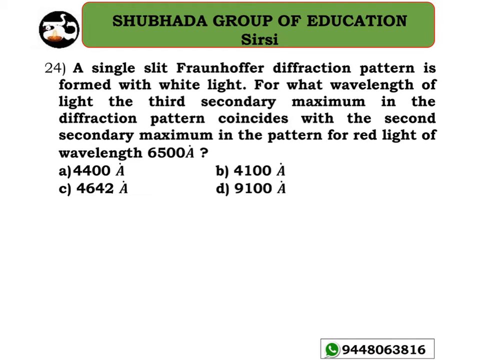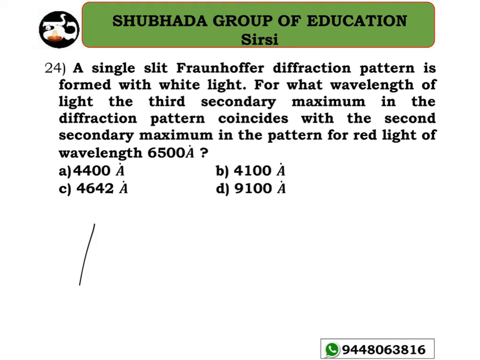Okay, the next problem says that a single slit Fraunhofer diffraction pattern is formed with white light. For what wavelength of light does the third secondary maximum in the diffraction pattern coincide with the second secondary maximum in the pattern for red light of wavelength 6500 angstrom?